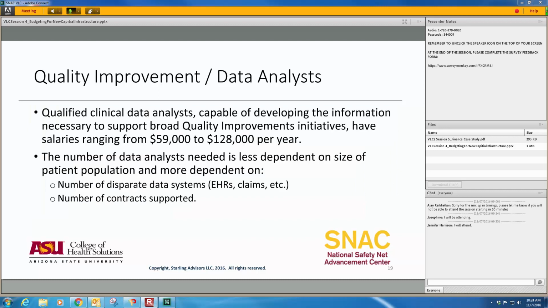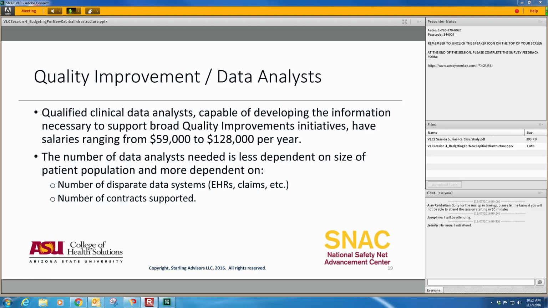We pulled some numbers. Depending on part of the country, skill set, and size of organization, qualified data analysts capable of developing and running this type of quality improvement initiative have a pretty wide range in salary.